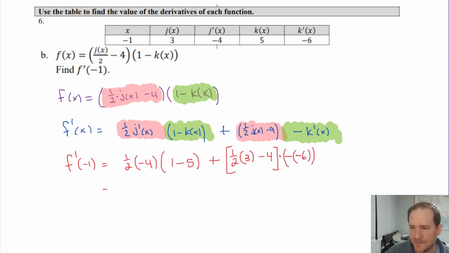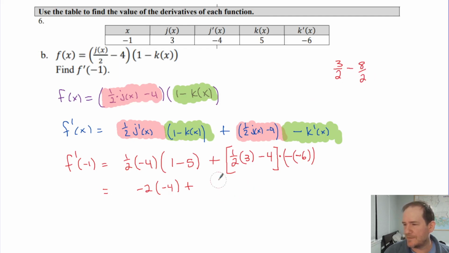All right, so what's that giving me? This is going to be a negative 2 times a negative 4. Then we're adding to that half of 3. Is this the one that comes out with a fraction? That's annoying. But I'll do this math off to the side, I guess. So that's going to be a 3 halves minus 4, but we'd rewrite the 4 as 8 halves, and then we see we end up with negative 5 halves.